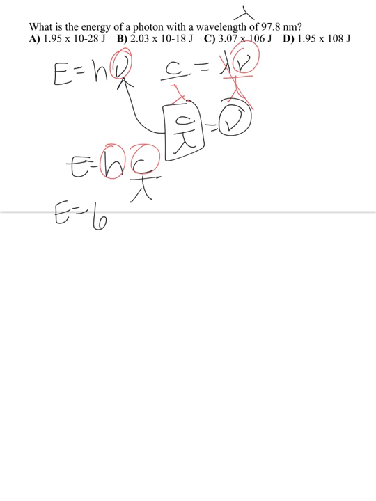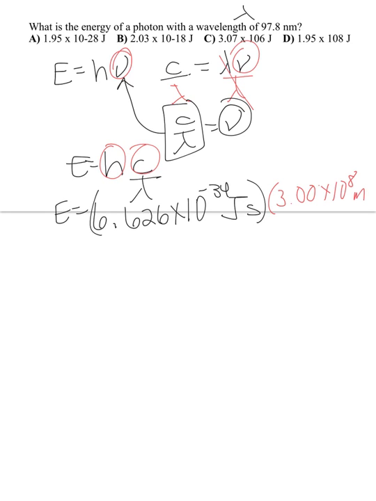One is Planck's constant, 6.626 times 10 to the negative 34 joules times second. And then c is 3.00 times 10 to the 8th meters per second, and then you divide by lambda.